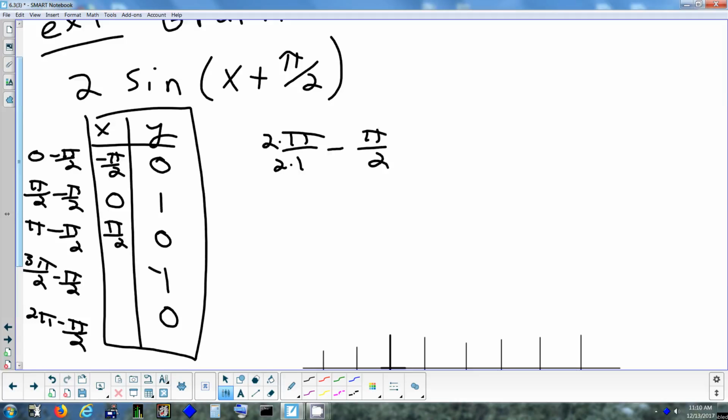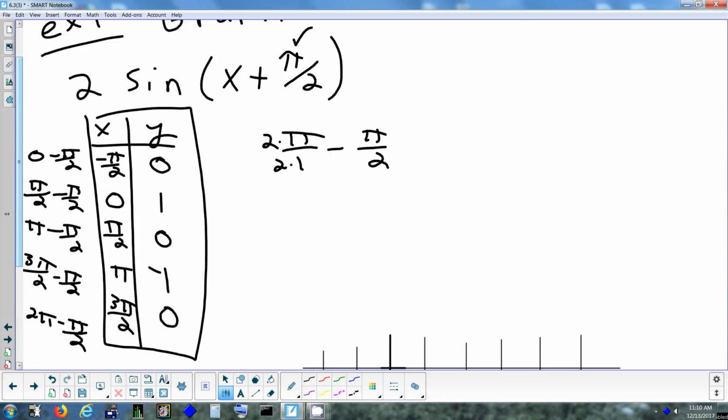The next one, we already have a denominator. 3 pi over 2, take away 1 pi over 2. 2 pi over 2, which we can make pi. So we had negative 1 pi over 2, 0 pi over 2, 1 pi over 2, 2 pi over 2, 3 pi over 2. Okay. And now we've done that. Any questions on the first table?